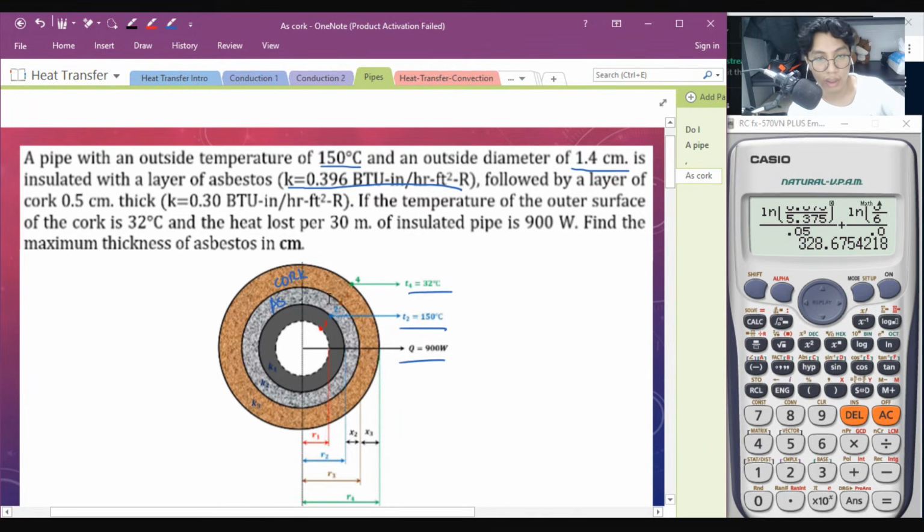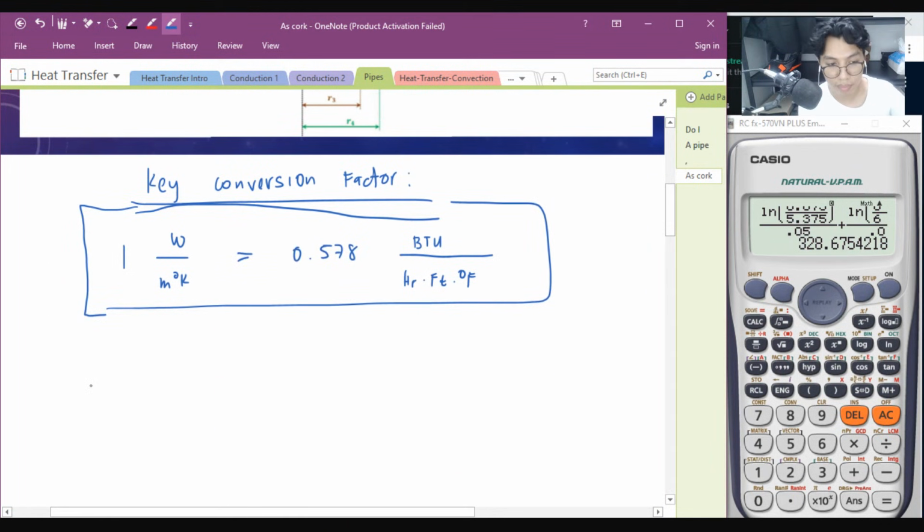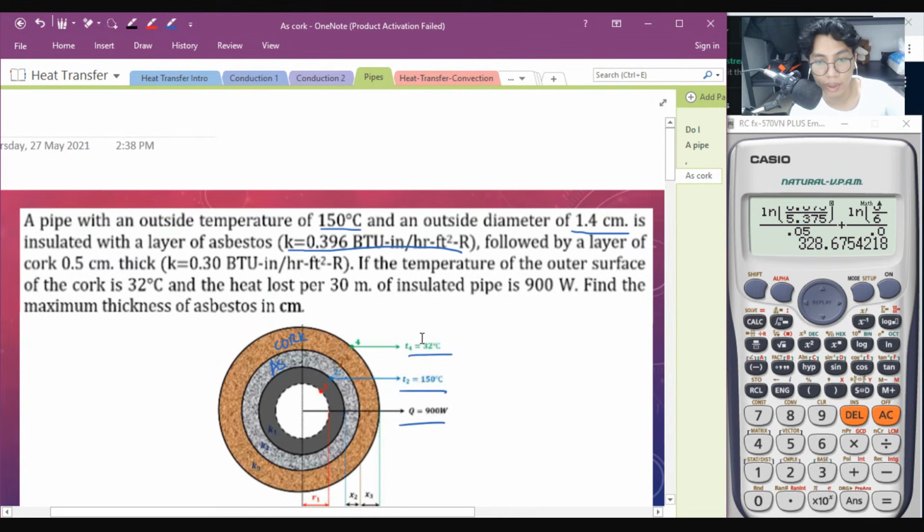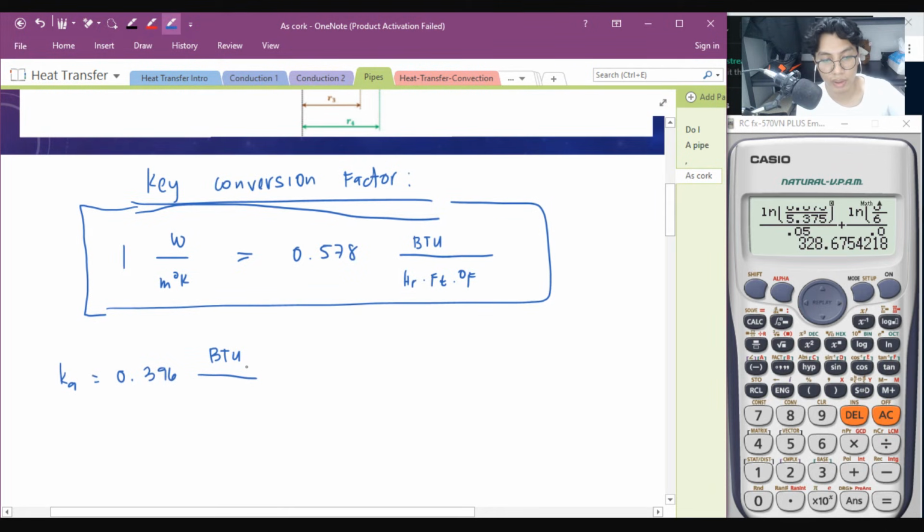Okay? Yung K ng asbestos, that is 0.396 BTU inch per hour feet squared degree Kelvin.